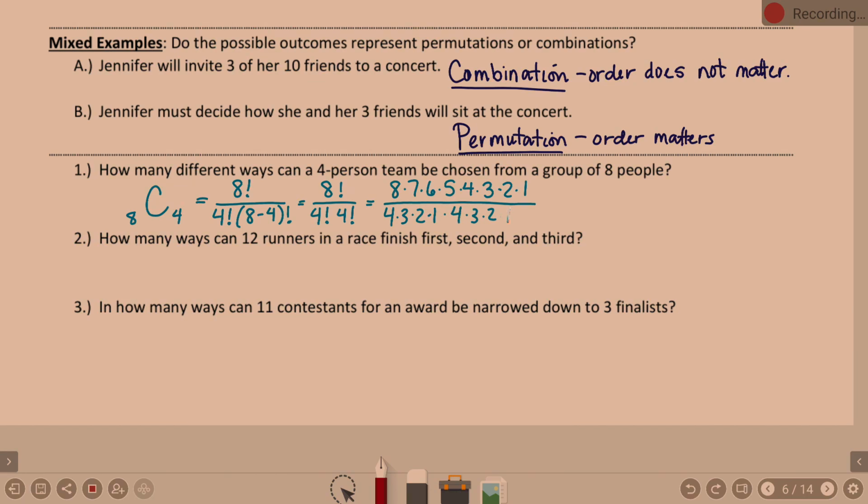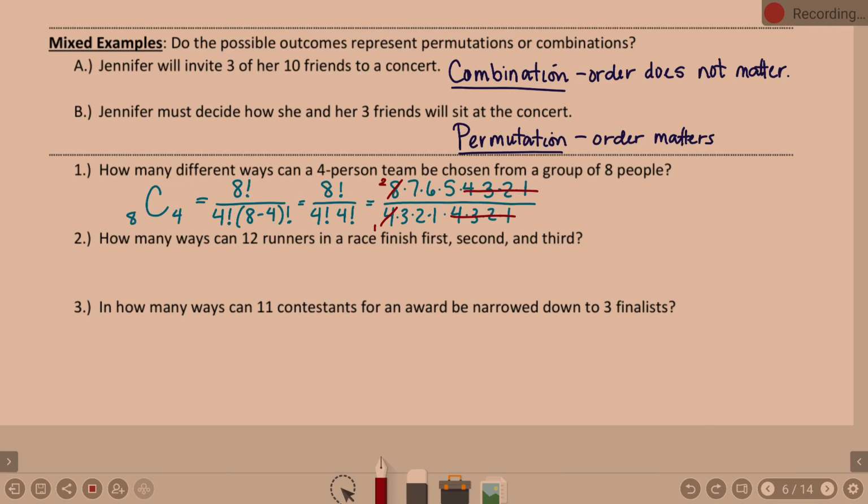Did you do some canceling? The easy way most of you have figured out is to get rid of the 4, 3, 2, 1. Did you do some canceling past that? 4 and 8, 3 and 6. 4 divided by 4 is 1. 8 divided by 4 becomes 2.